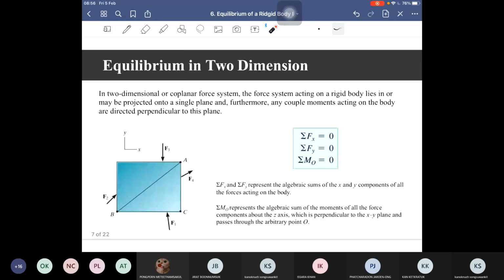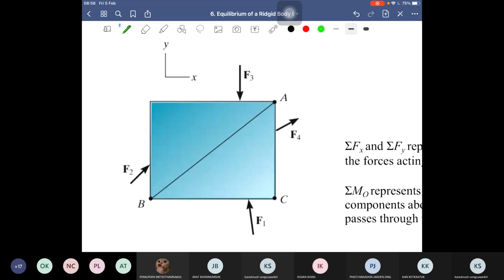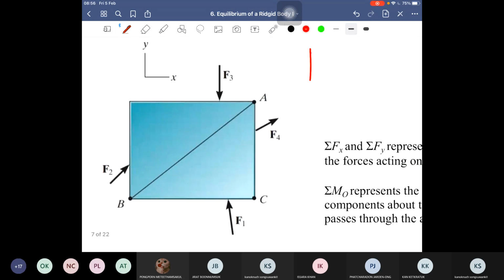So in this first part, let's start with equilibrium in 2 dimensions. In 2 dimensions, the system will be located in the XY plane, only in the XY plane. And any couple moment, okay, so we have the XY axes and the force contained in this space.